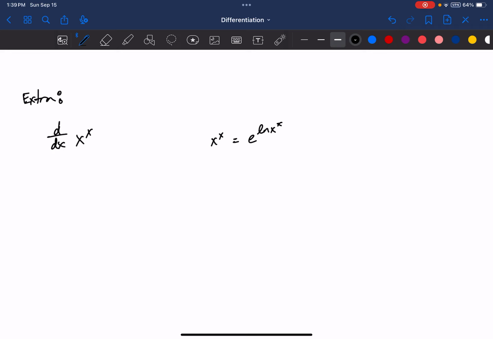Something like that. I would differentiate both sides. So d dx and d dx. Right? So this would be x to the x power, and then the next part, I take x down, times natural log of x.